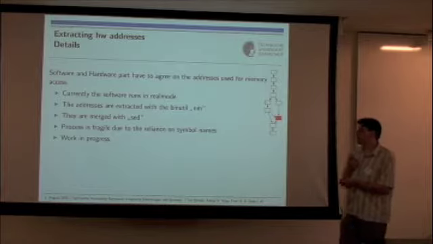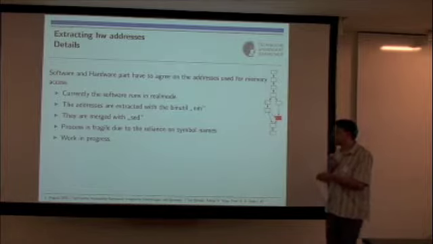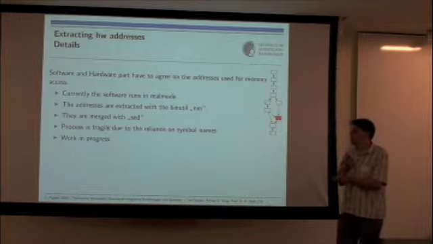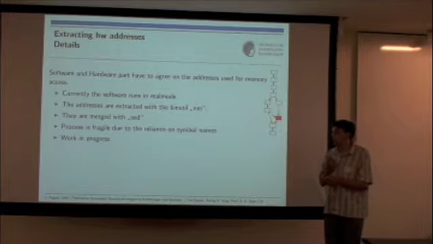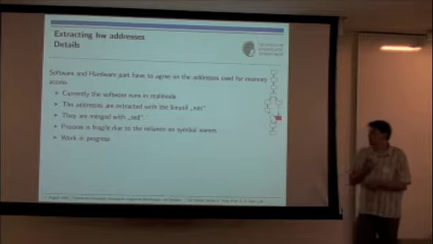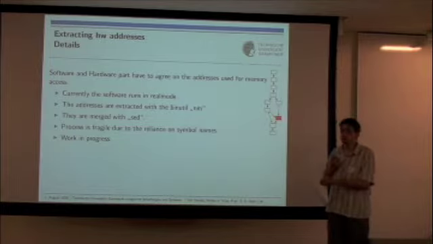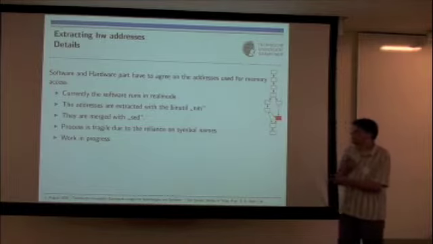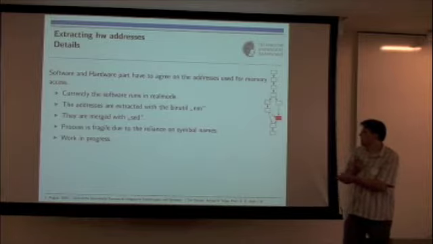This process is pretty fragile due to the reliance on symbol names, and it's currently work in progress because on some larger examples, there are still some corner cases where it breaks, so this is unfortunately not completed.